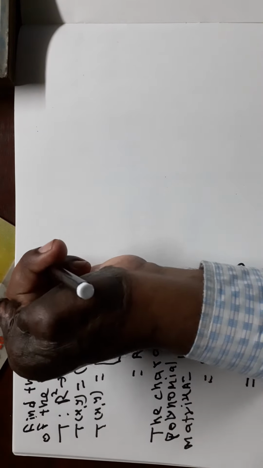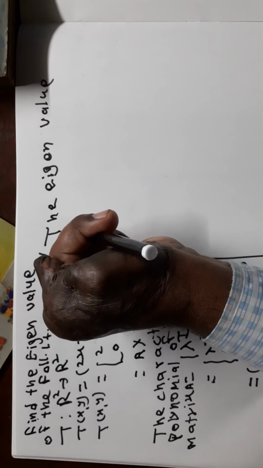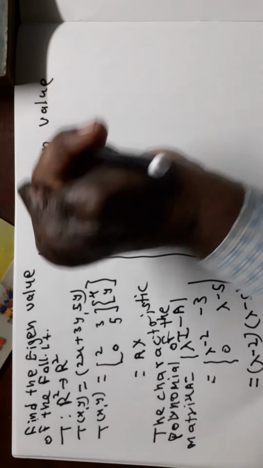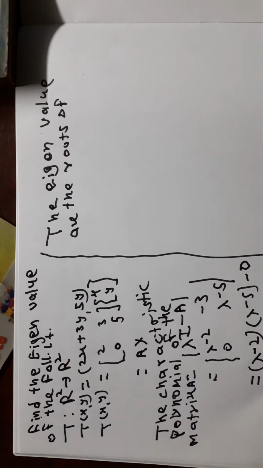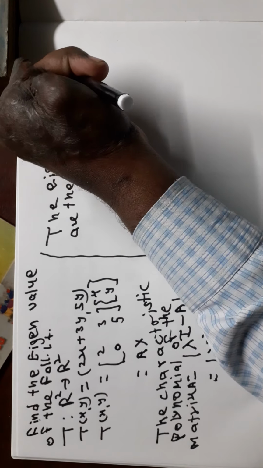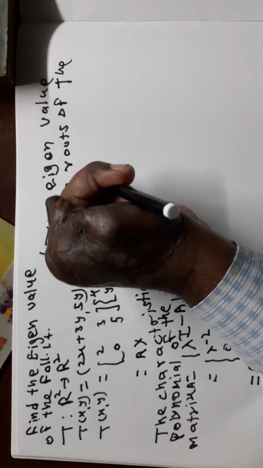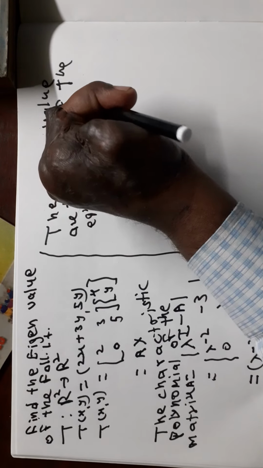Therefore, the characteristic roots of T, or the eigenvalues of T, are the roots of the equation (lambda minus 2) into (lambda minus 5) is equal to 0.